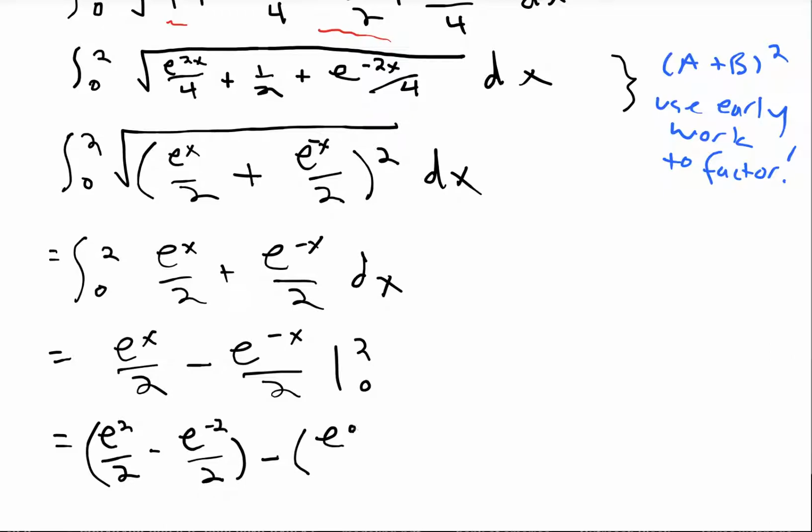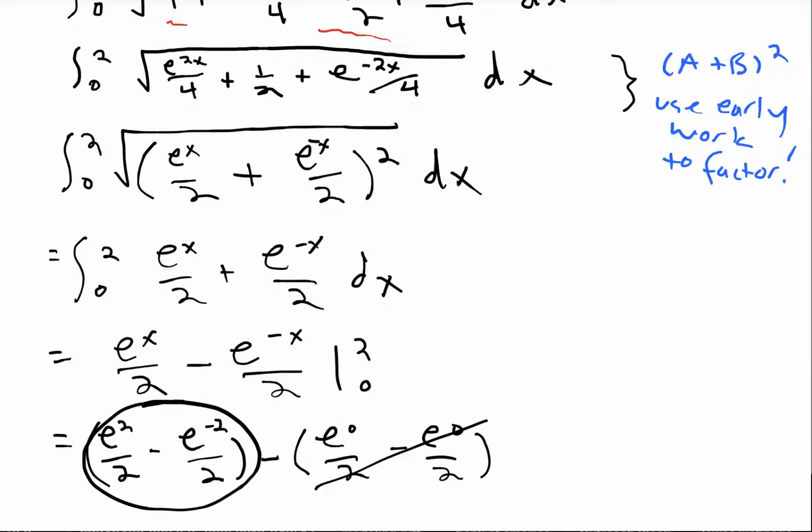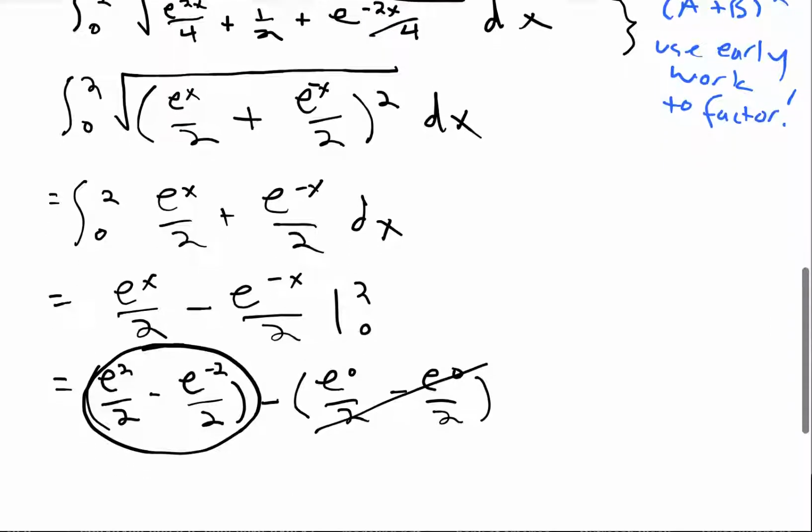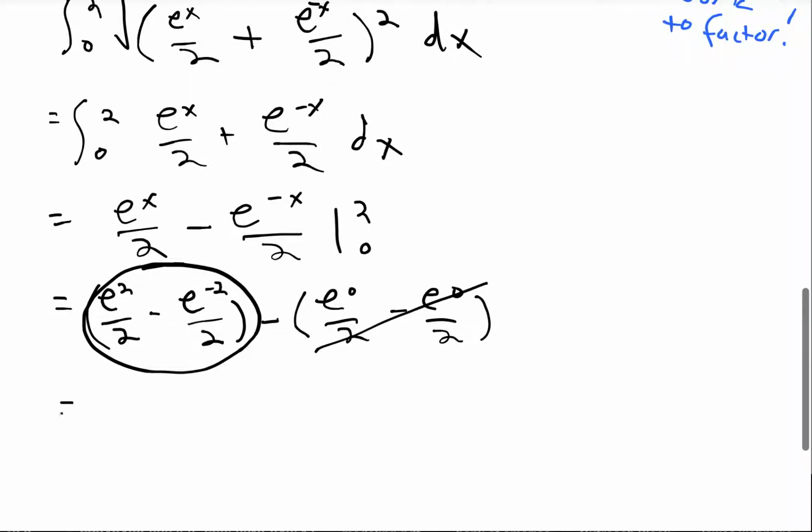This will be e to the 0 over 2 minus e to the 0 over 2, which obviously cancels out. So this bit here is our ultimate answer. If you don't like the format of that, if you don't like negative exponents, you are also welcome to present it in this manner.